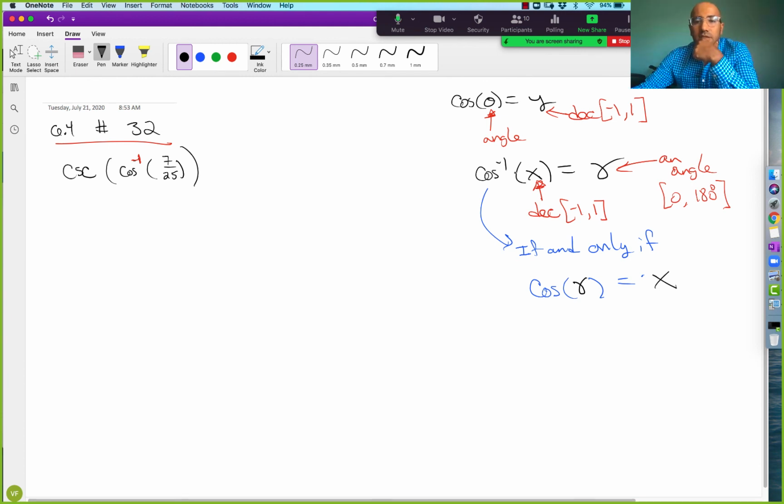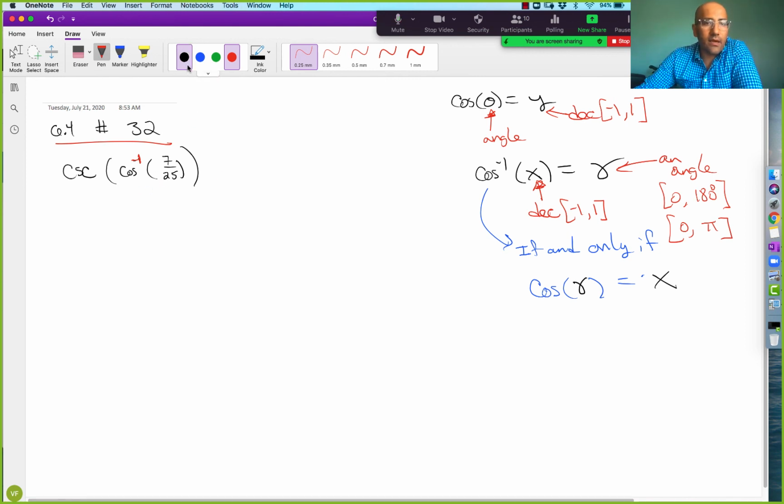The answer to cosine inverse will be an angle such that cosine of that angle equals x. Any questions? And the restriction in radians is going to go from 0 to pi. Questions? No, we're good.